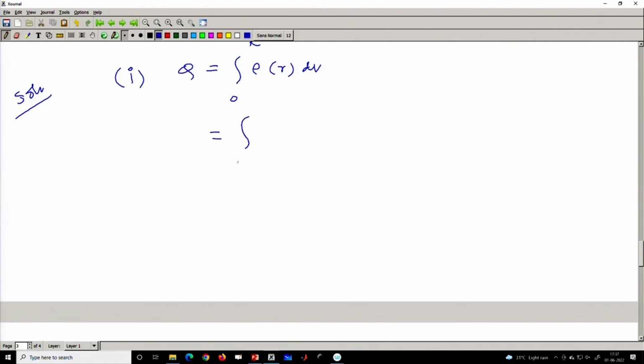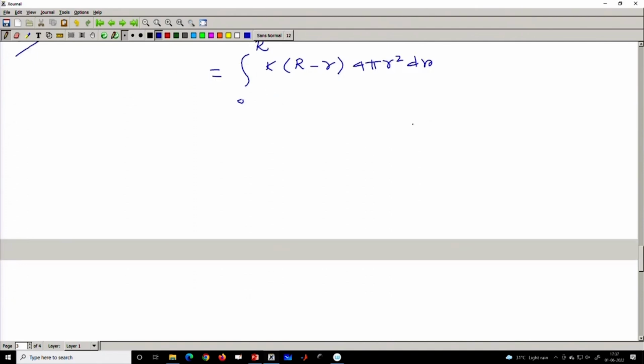So, it is 0 to R and then it is k r minus r squared, and since rho only depends on r, the dV I should write simply 4 pi r square dr, exactly like the first problem. This is r dr. Okay.